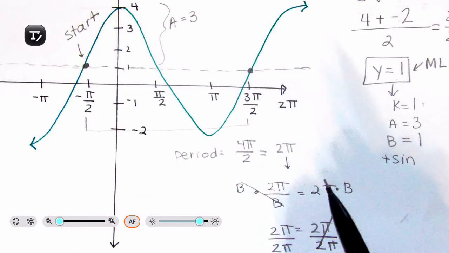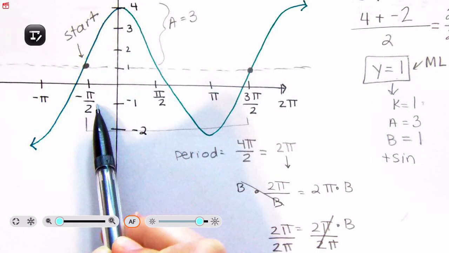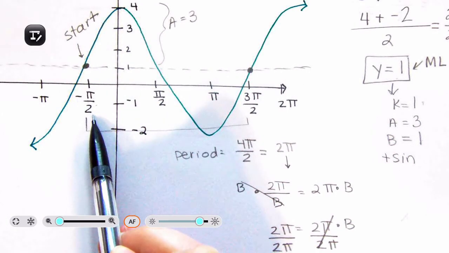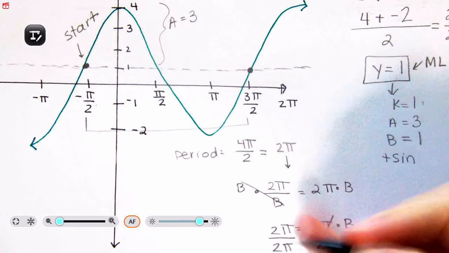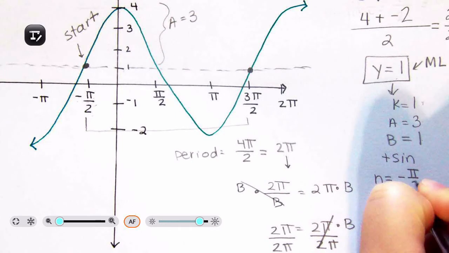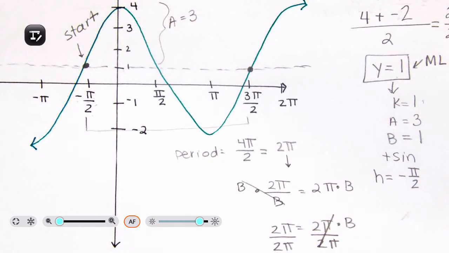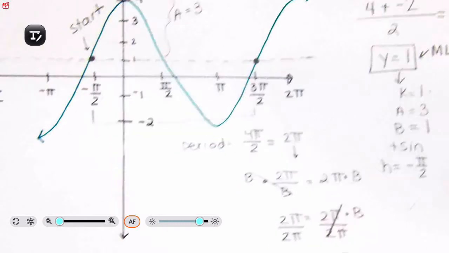So we need to know where did it go. So my starting point went to the left at negative pi halves. So then we have h is equal to negative pi halves. So remember, when you are writing the equation for your phase shift, it's always going to be the opposite. So we have everything that we need for writing our equation for a sine wave.